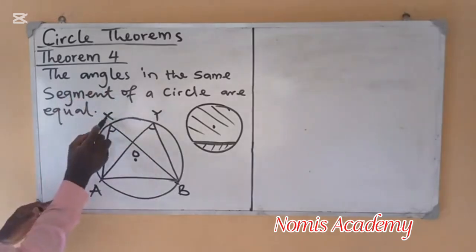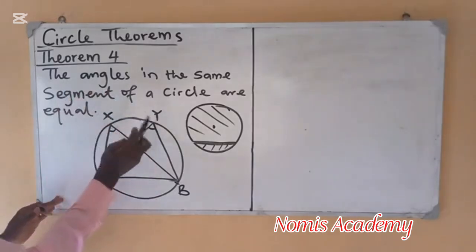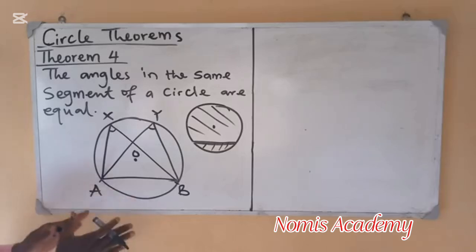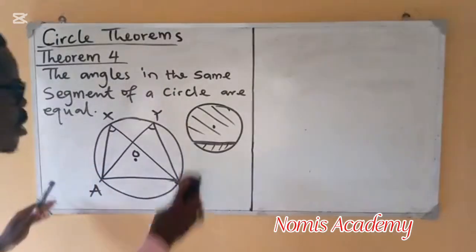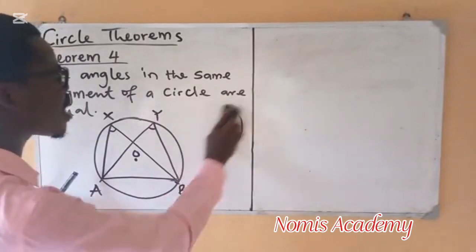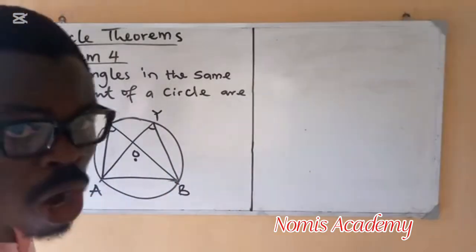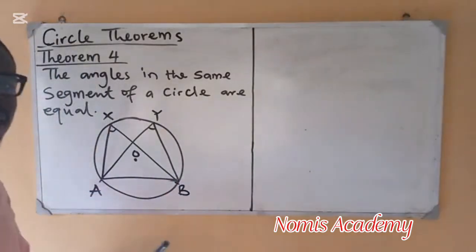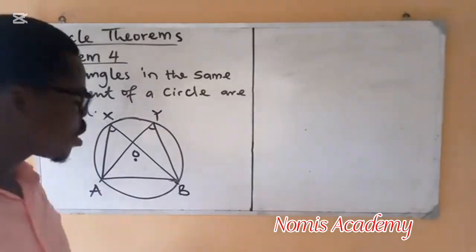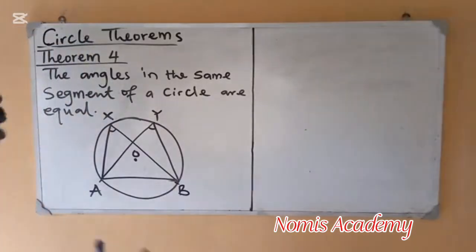So you can see that angle at X and Y are on the same segment of the cycle. So the theorem is saying that these two angles in the same segments formed or subtended by the same chord or an arc are equal.